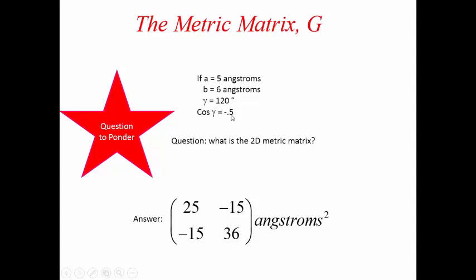Cosine gamma is equal to minus a half, so ab would be 5 times 6 is 30, and times minus a half gives you minus 15. So here you have the two minus 15s. Note this is a symmetrical matrix, which means the off-diagonal terms are equal.